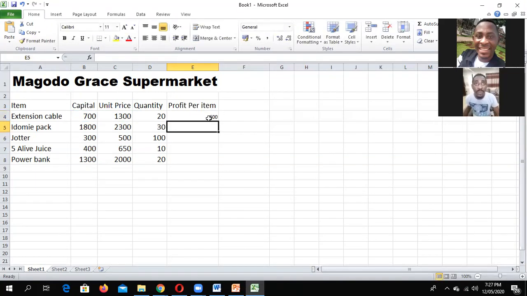Oh, we did it wrongly. So we're supposed to say equals to C4 minus B4. So let's do that again.